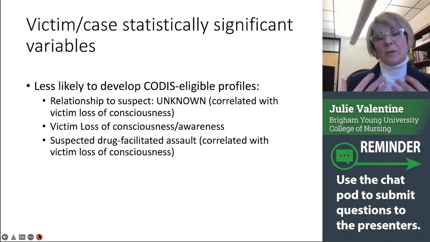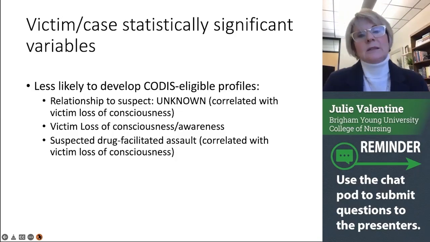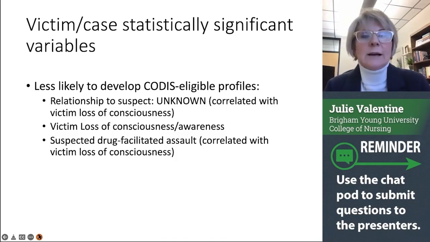So we think this is actually from the trauma of the assault. But if they have these gaps in memory, they are not able to tell us the what touched what. And so we have found that they are less likely to develop a CODIS-eligible profile.